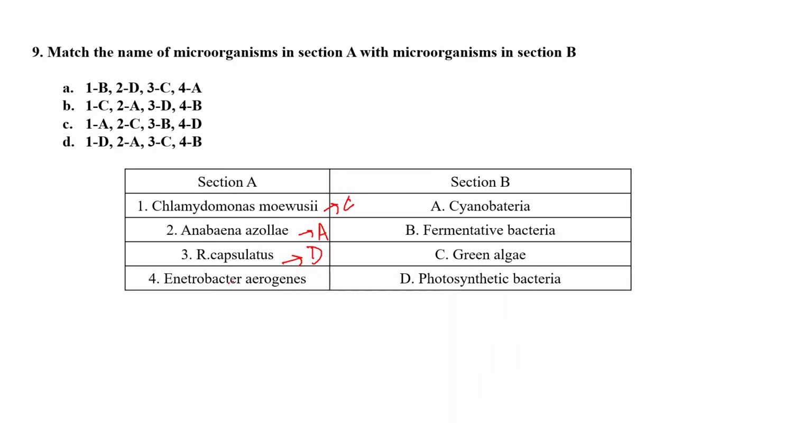Next is Enterobacter aerogenes. The option left is fermentative bacteria. So it is 1C, 2A, 3D, 4B.